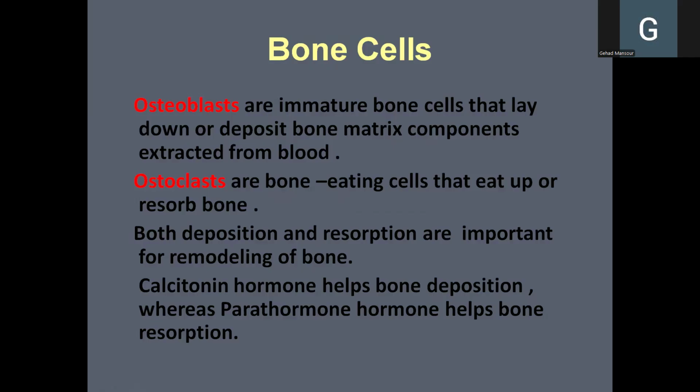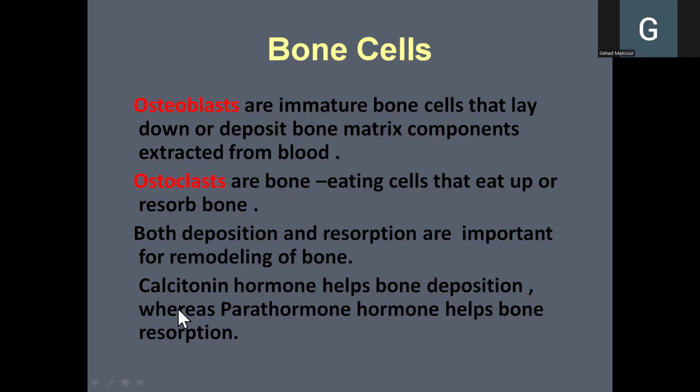So you remove a part from one side, you add a part on the other side until you get the final shape you want. So remodeling of bone until we reach the final desired shape is done through both deposition and resorption.